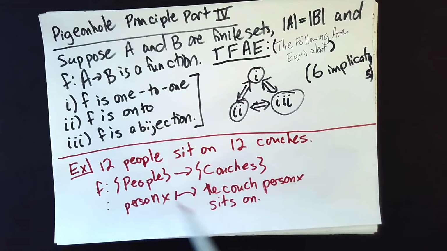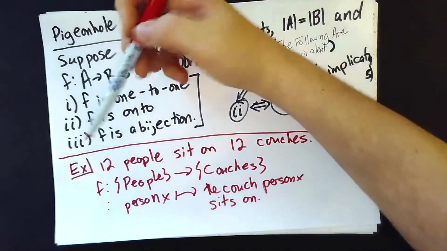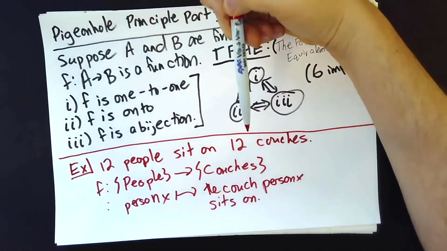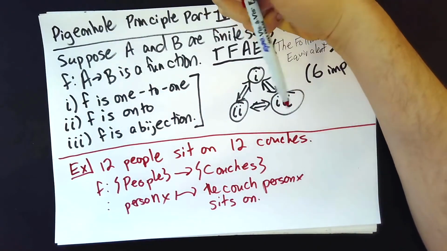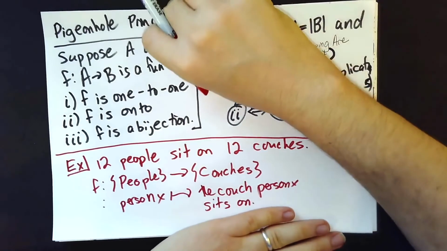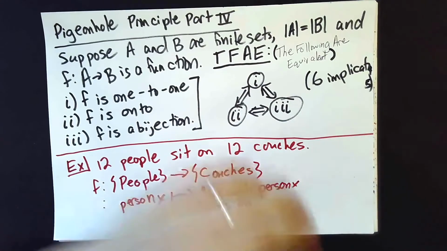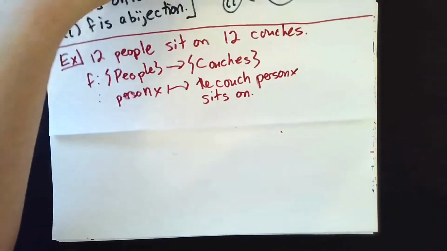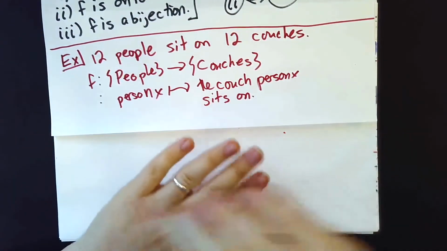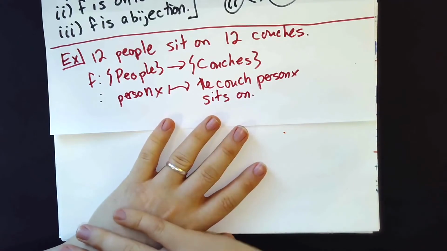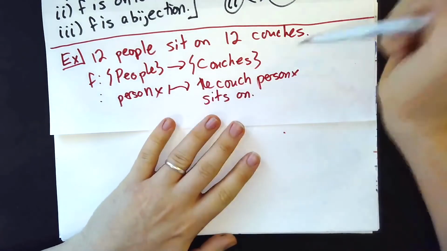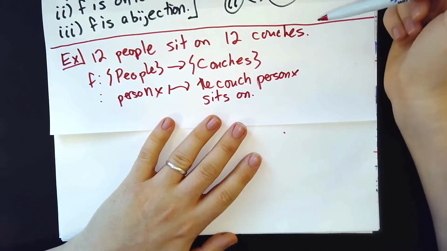And now the fact that this is a function is just the statement that every person is sitting on a couch. Now, I've made no assumptions about how the people are sitting on the 12 couches. So, for example, it might be that all 12 people sit on one really big couch and leave the other 11 couches empty. I'm not ruling that out. That's distinctly possible. It would still be a function. There would be no problem.